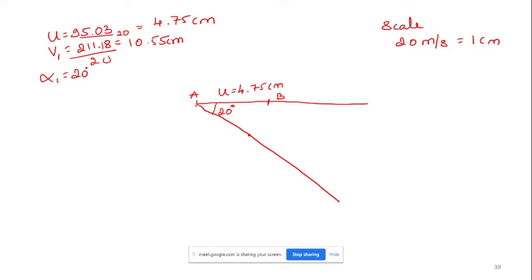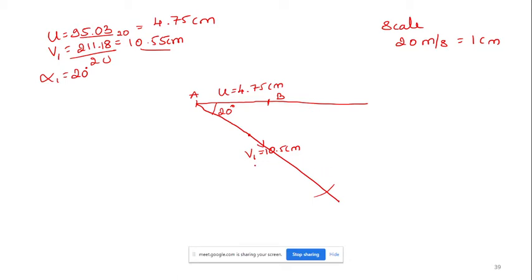Now again use your compass or your scale. From this point measure 10.55 centimeter and cut an arc, or use your scale directly, whatever is comfortable for you.